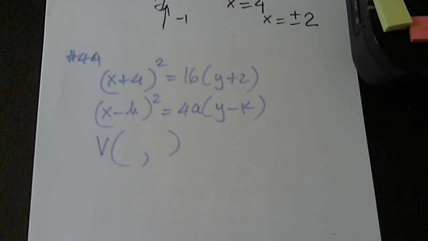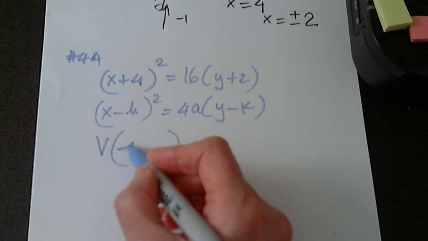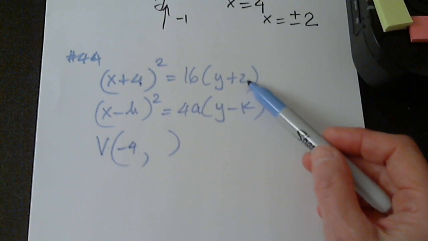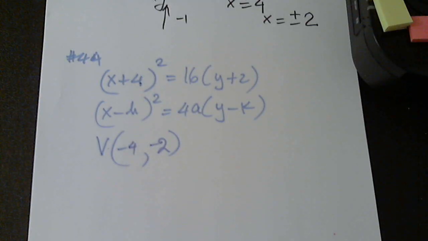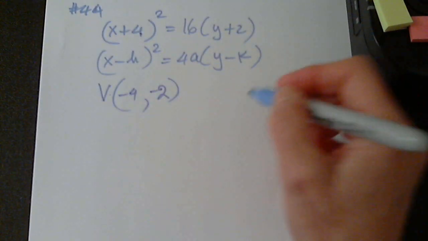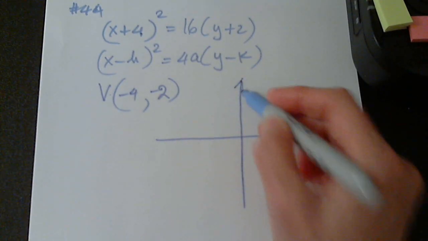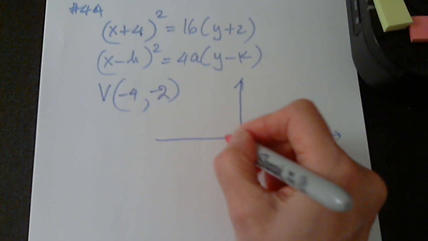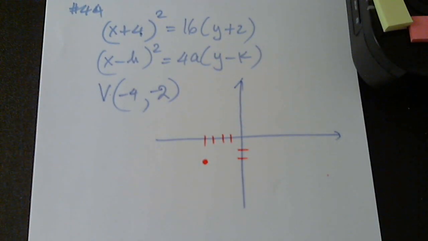Then the vertex is (-4, -2), x is always first. That's our first step. So when I start graphing the parabola, (-4, -2). So this is the vertex.